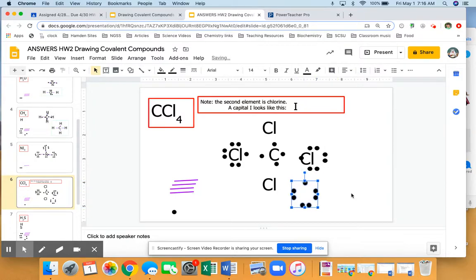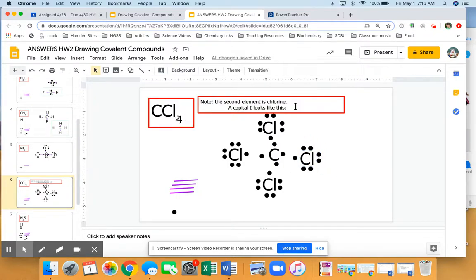The reason that I'm rotating them is to make sure that that single side is right next to the single side on carbon. That single dot. All right, so now we've got 4 chlorines, 1 carbon. And you can see that the carbon single dots are right next to the chlorine single dots.